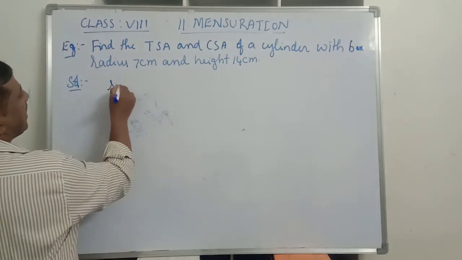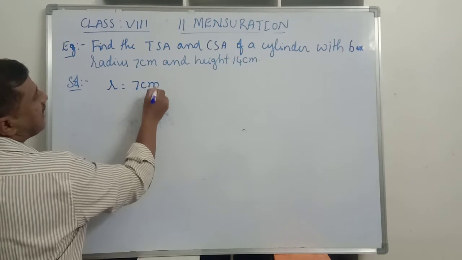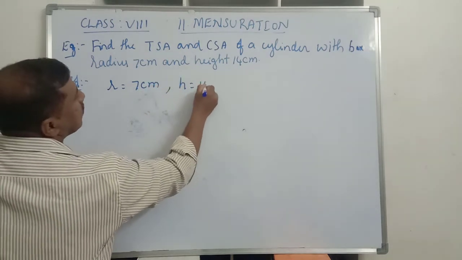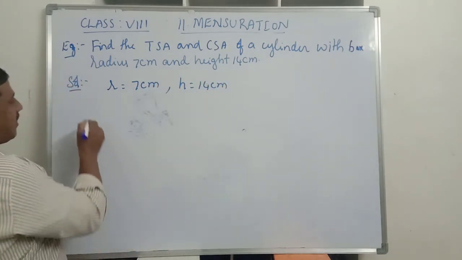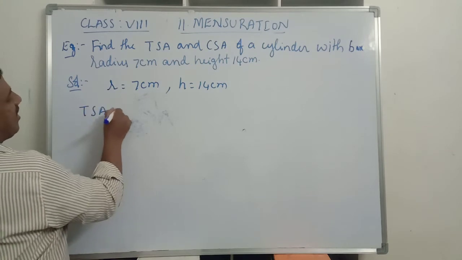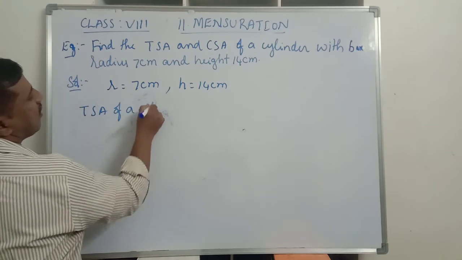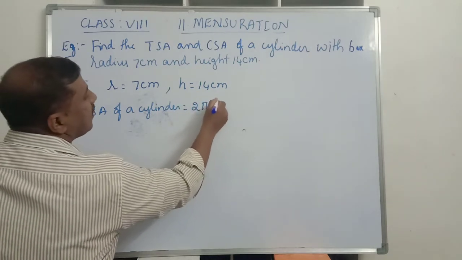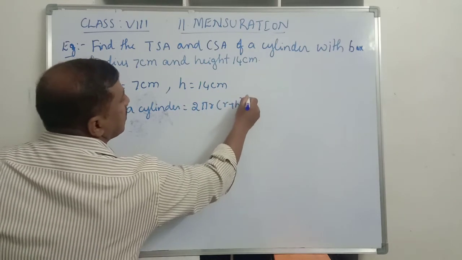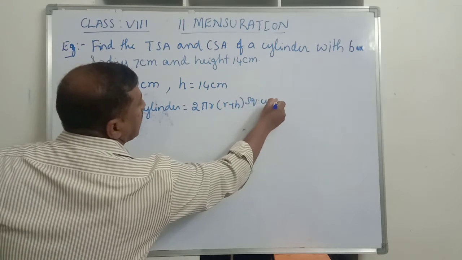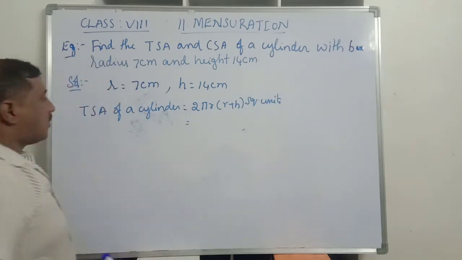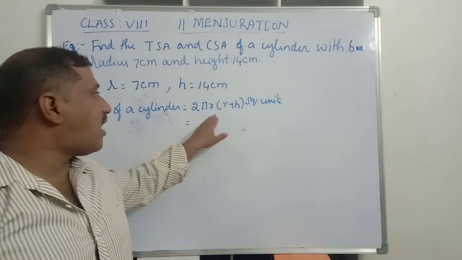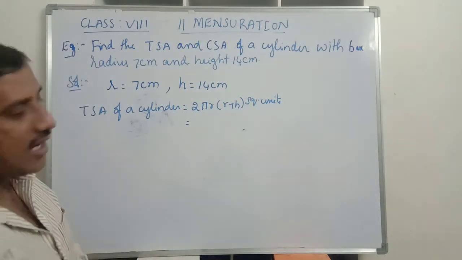So it is given radius R equals 7 centimeters and height H equals 14 centimeters. Now TSA of a cylinder. TSA of a cylinder is equal to 2 pi R into R plus H square units. So write the correct formula.